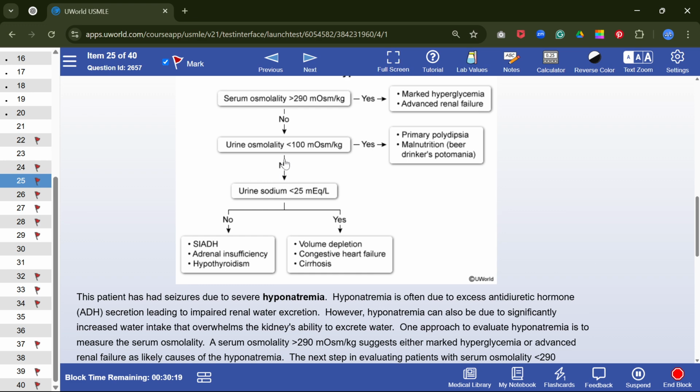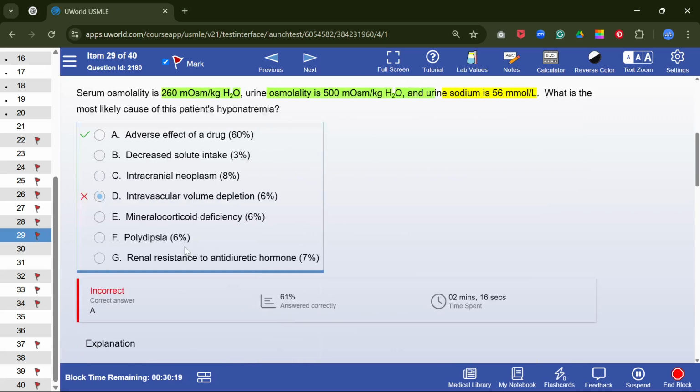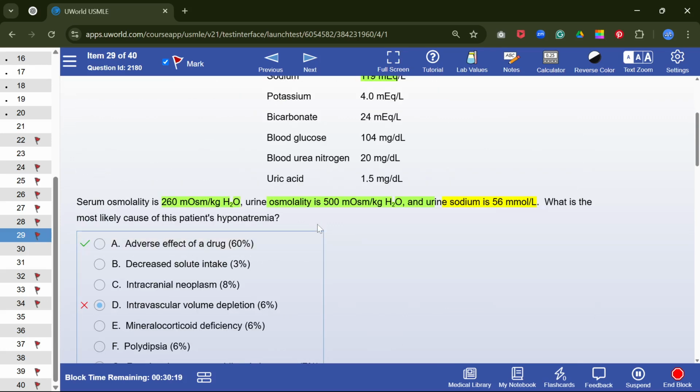If urine osmolarity is more than 100, like 500, then you should think about the urine sodium. If urine sodium is higher, then think about three causes: SIADH, adrenal insufficiency, and hypothyroidism.